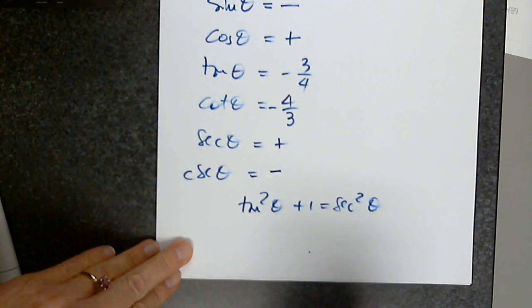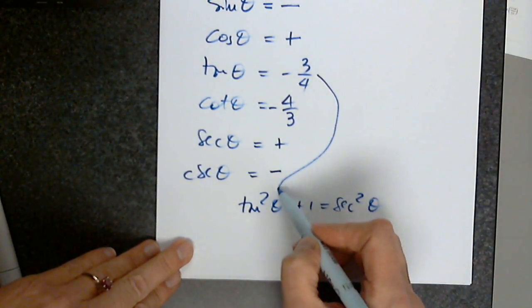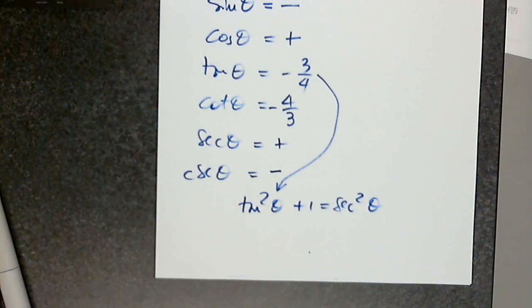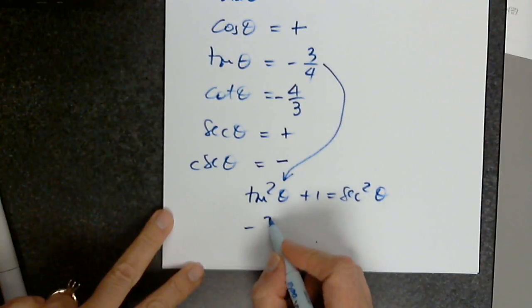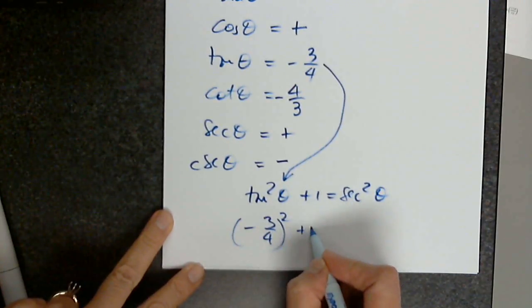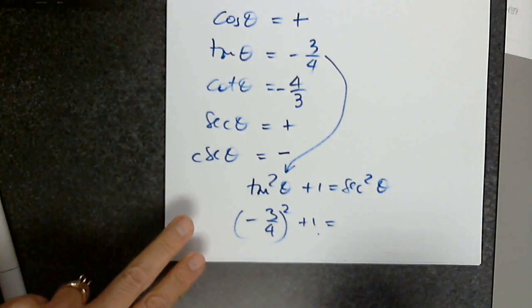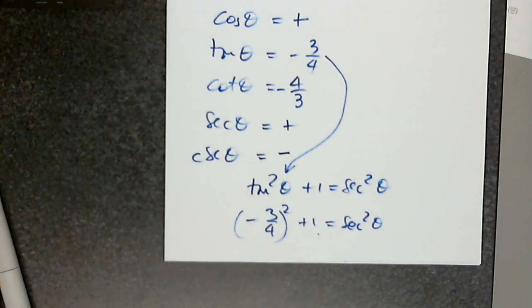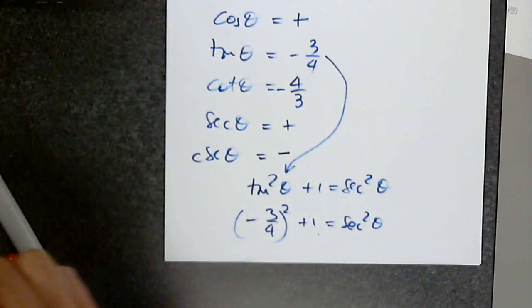Very good. So what I'm going to do is replace tangent squared by negative 3/4 squared plus 1. And that will be secant squared. How much is negative 3/4 squared?